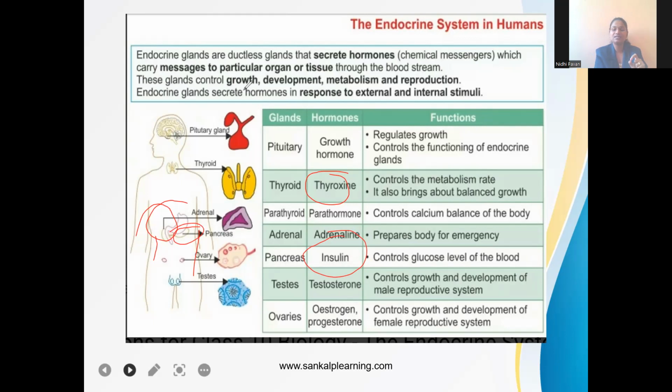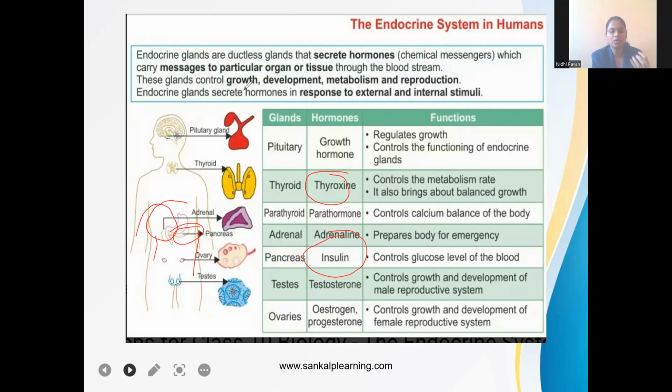Regarding this, we learned in class 8. Testosterone controls growth and development during puberty, during the maturity of a male. It also develops secondary sexual characters like beard, change in voice, and hair in the pubic region.